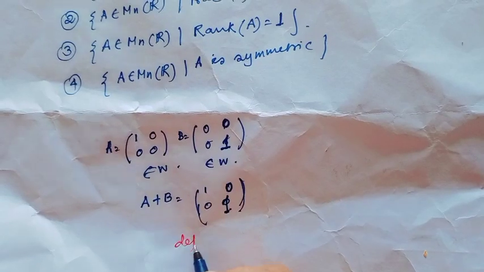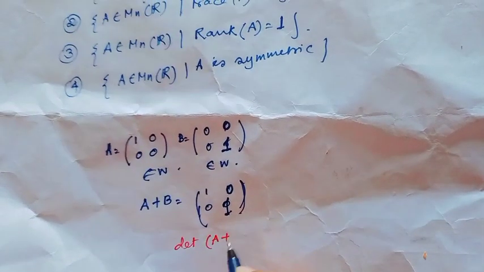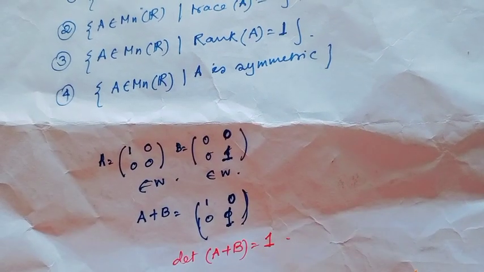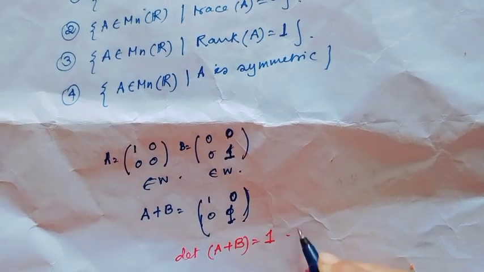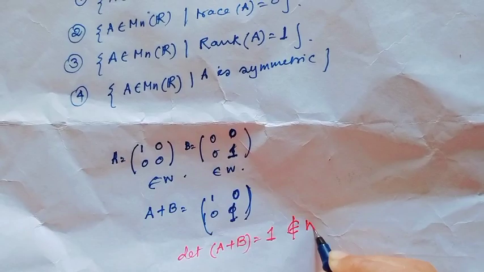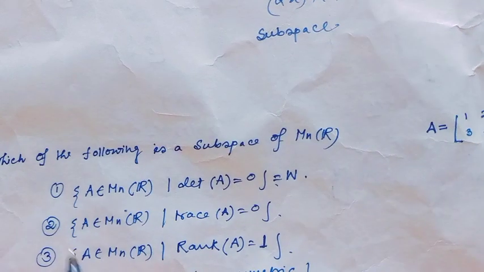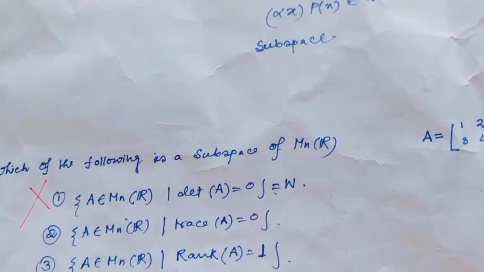The determinant of A plus B is equal to 1. Therefore, their sum does not belong to the set W. So, W is not a subspace. That means option 1 is a wrong option.